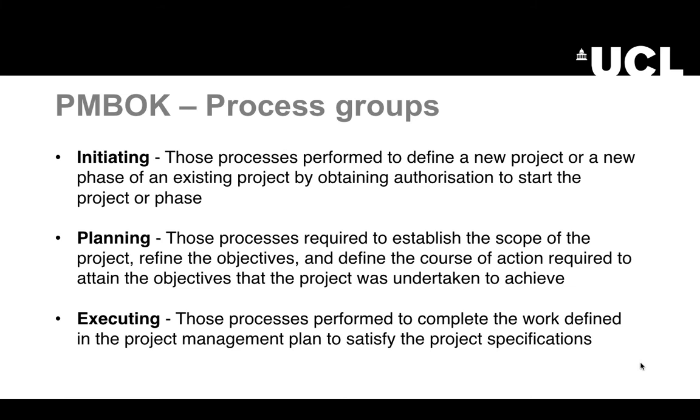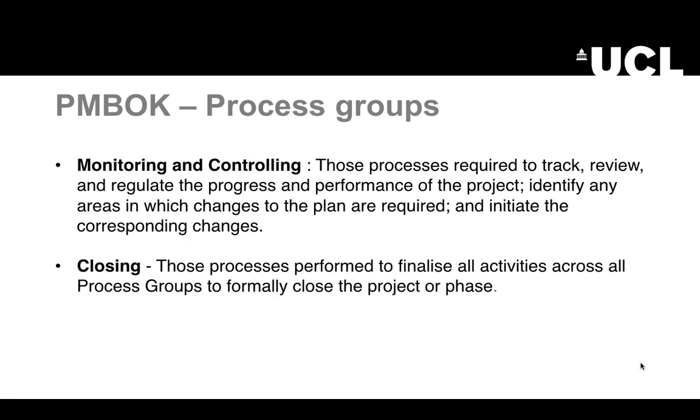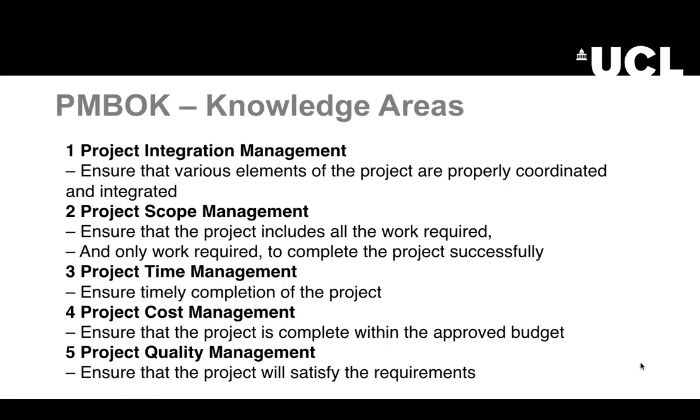Here you have a more detailed explanation for each one of the processes. The initiating, which is connected with the scoping part of the project, the planning, executing, monitoring and controlling, and finally closing, which include all the processes needed to formally close the project.